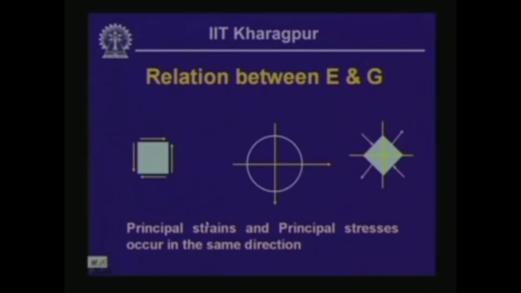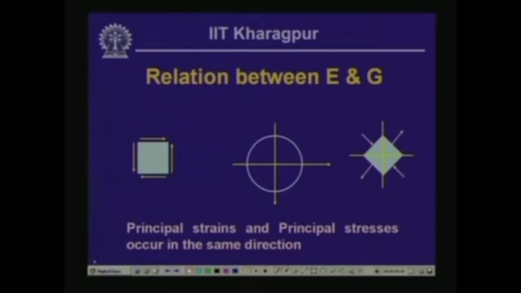Well, now this is another important aspect wherein we need to relate the quantity E, which we call the modulus of elasticity, to the quantity G, which we call the modulus of rigidity, and we have seen the definition of E and G earlier.